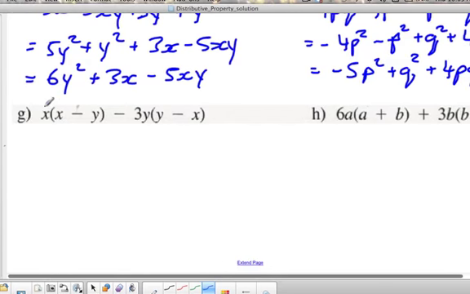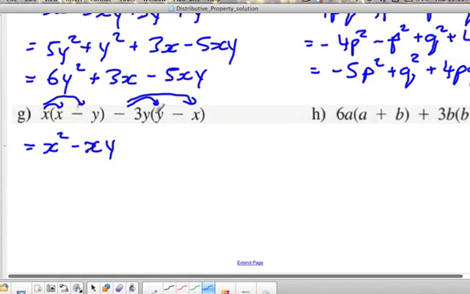All right, next question, you're going to multiply everything in the first bracket by x and everything in the second bracket by negative 3y. So x times x is x squared. x times negative y is negative xy. Multiplying everything in the second bracket by negative 3y.